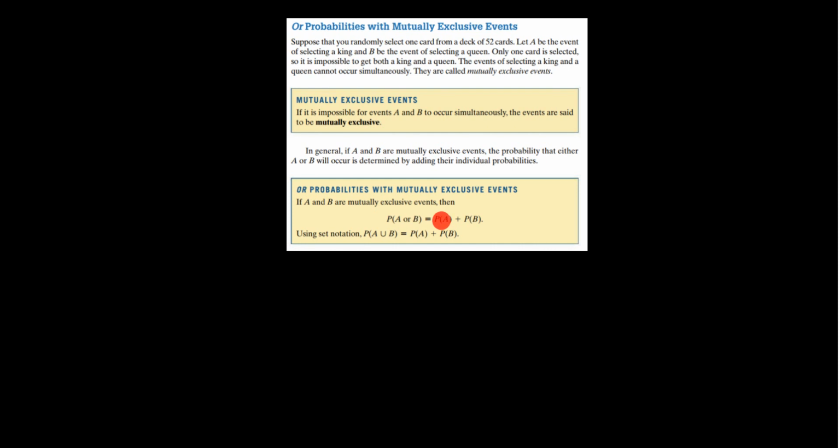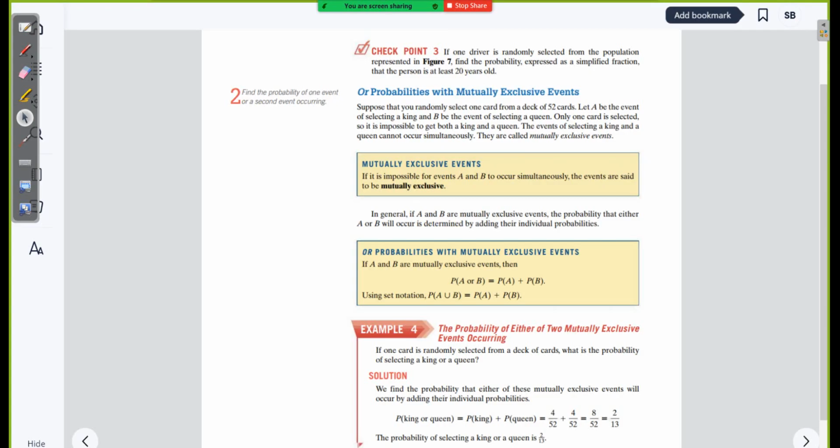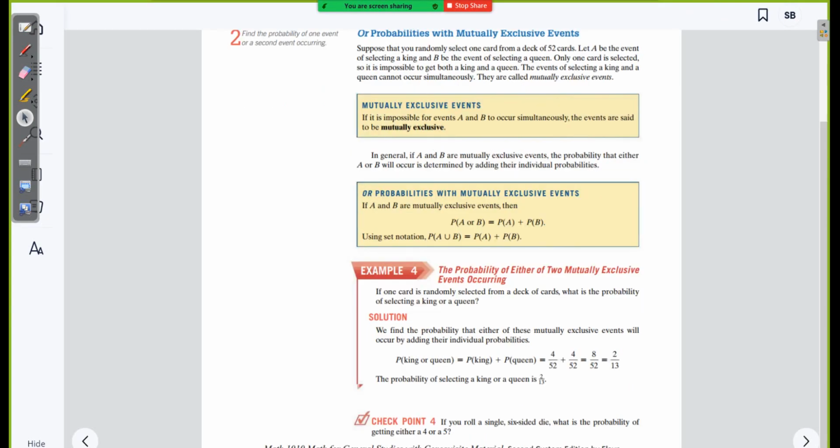Well, then what I do is I add those probabilities together, right? And of course, our set notation that we probably have to refresh since it's been a while: the probability of A union B is the same thing as the probability of A plus the probability of B. And if you recall, the OR just corresponds with the union symbol. So let's go ahead and look at an example like this.